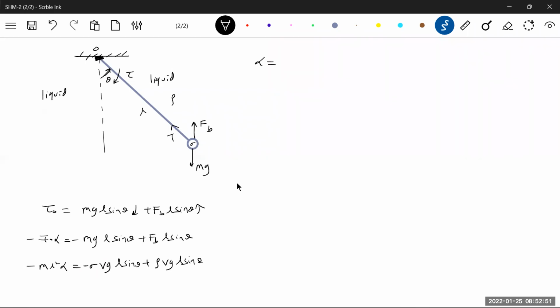Alpha is equal to, now this m also I should replace, no? M will be sigma V. So if you take all this, L sin theta also common, sigma V, g also, it will be minus 1 minus rho by sigma, g by L sin theta.